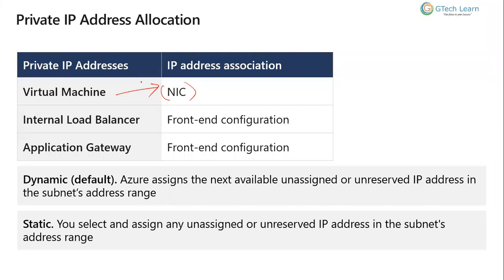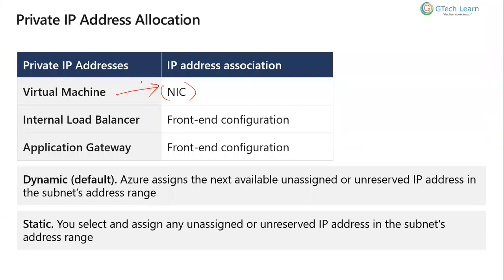And if I'm talking about the static one, we can select and assign any unassigned and unreserved IP address present in the subnet on our own. So these are the two ways we can allocate the private IP addresses.